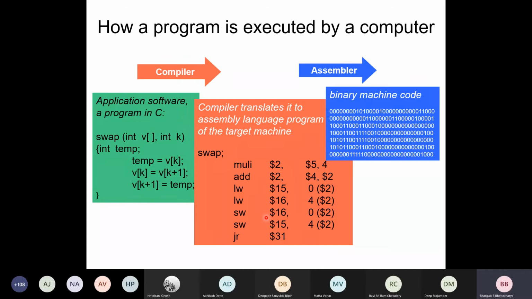Because hardware is what? You have a collection of circuits only. So that hardware has to be told, at this time instant, what input string, which binary string should I feed into the particular machine, and then wait for some time.